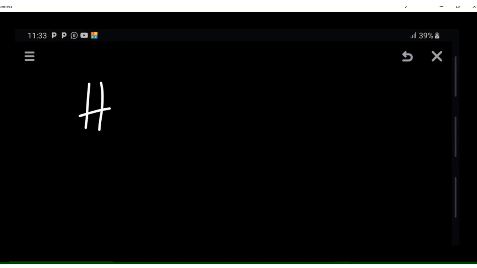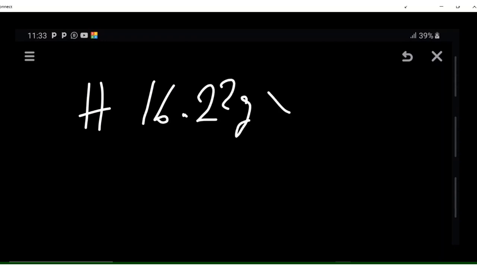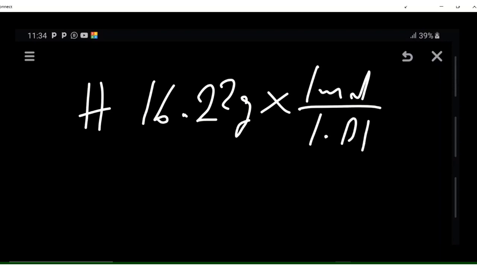Now hydrogen. We have been given the percent of 16.22. So put a gram, multiplied by a mole over the mass of hydrogen, which is 1.01, the molar mass.